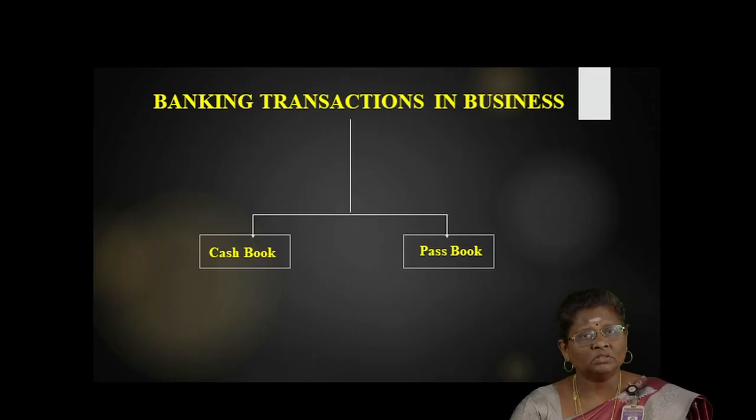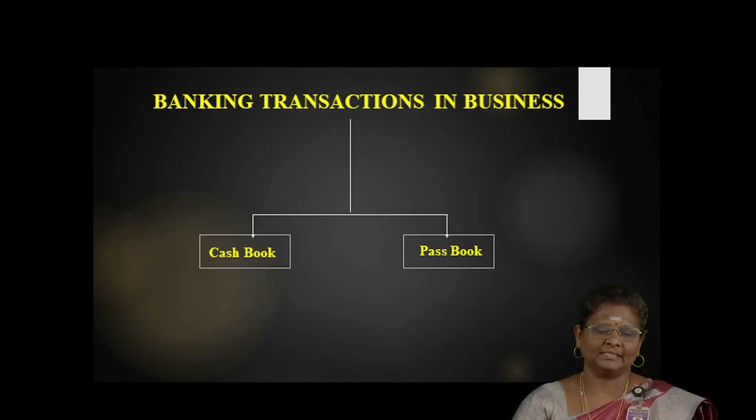So the entry is made in both the cash book and the passbook. At any time, on any day, the cash book should tally with the passbook. That is, the bank column in the cash book must be equal to the passbook. But at all times it is not tallied.